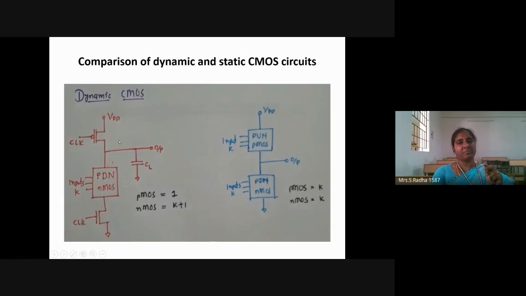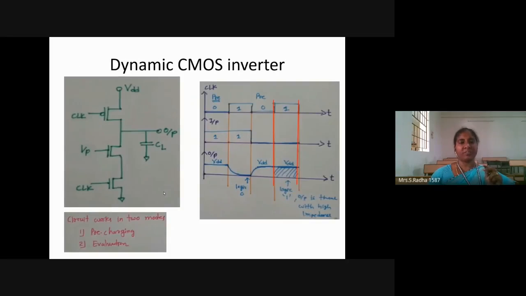For the same circuit, whether inverter, NAND gate or NOR gate, in static 2K transistors are required. In dynamic, K plus 2 transistors are required in total. This is the main advantage. We reduce the number of transistors in dynamic CMOS logic compared to static CMOS, thereby power consumption and so on can be reduced.